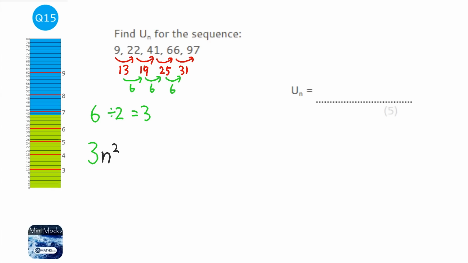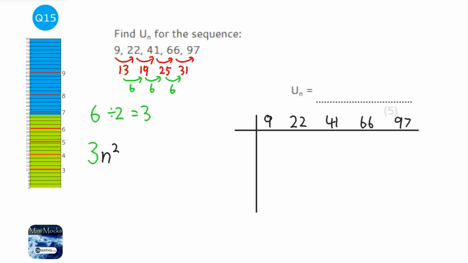So what we do is a little table, and we write in our sequence, which is 9, 22, 41, 66, and 97. And then we write down the sequence for 3n squared, which is going to be 1 squared times 3, okay, because n is 1 for the first term.